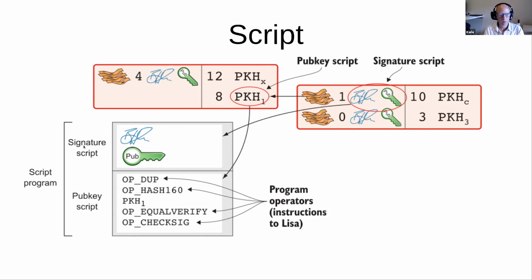We will run this program step by step to see what actually happens here. So the pubkey script contains a program, and the signature script contains input to that program.